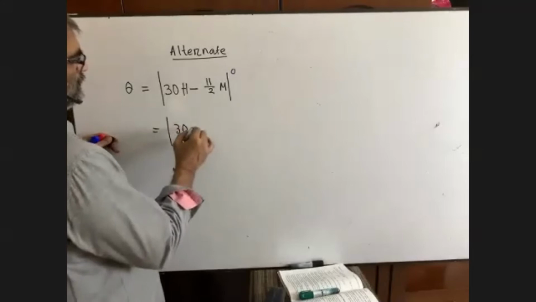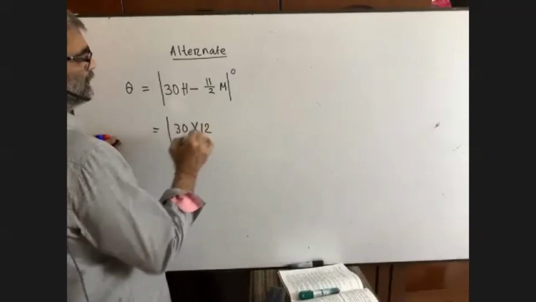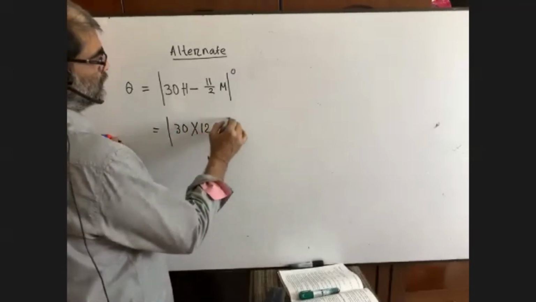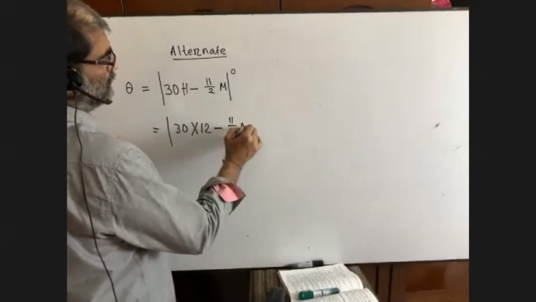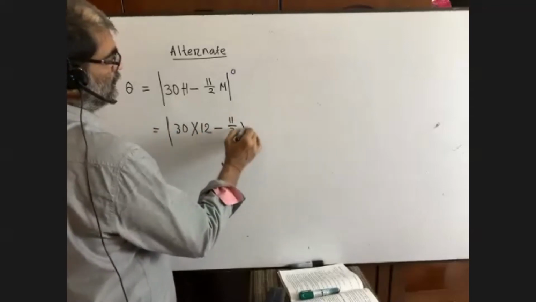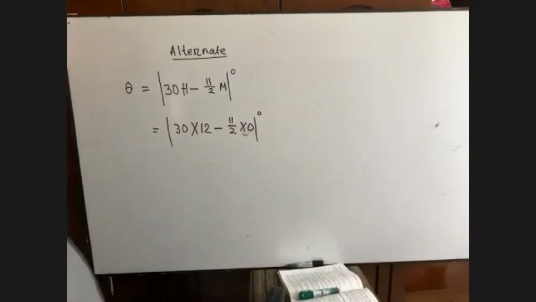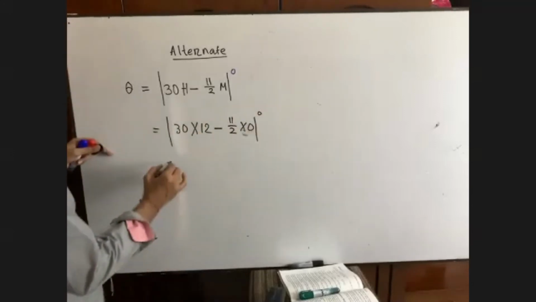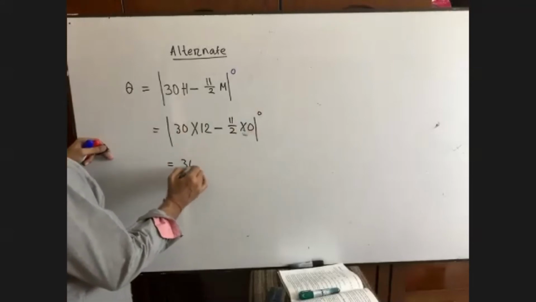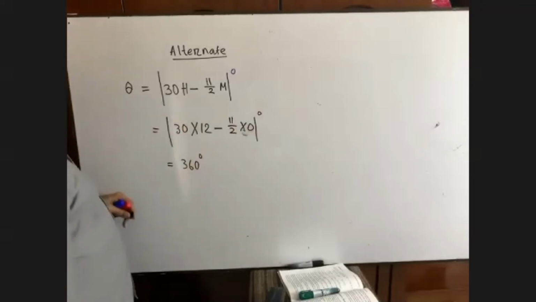Can you please let me know? Okay, write down 12 minus 11 by 2 into 0 equals what? 360 degrees, that I told you.